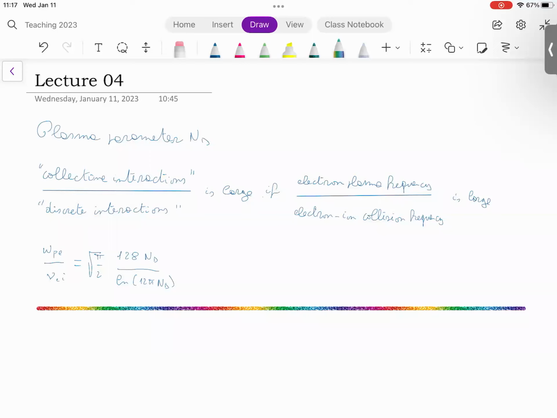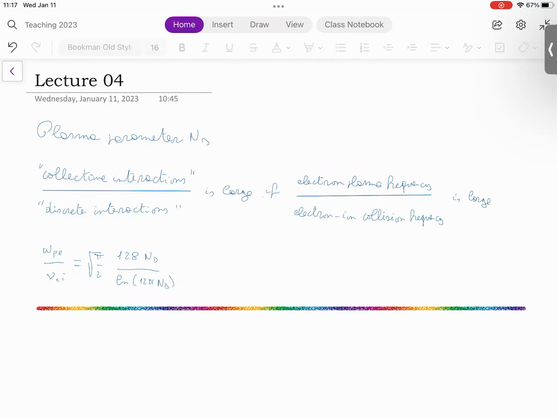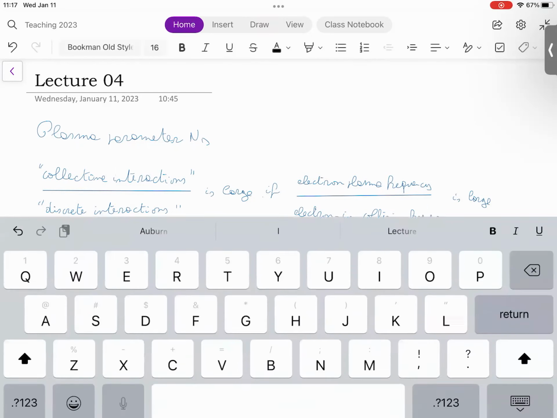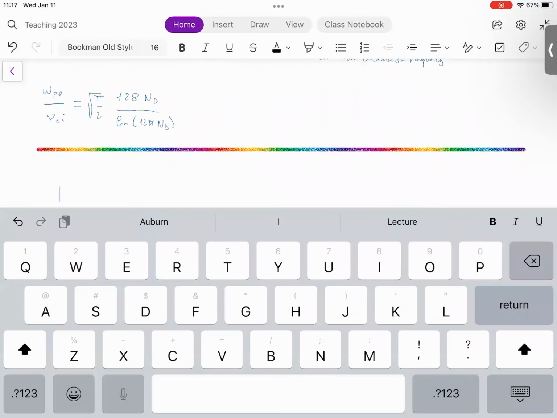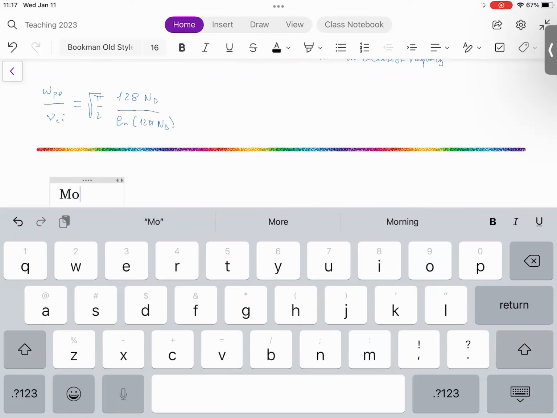Our next topic is going to actually keep us busy for a while. And I'm going to give it a generic name. We'll investigate this in some detail. What we're going to look at is the motion of essentially a single charged particle.